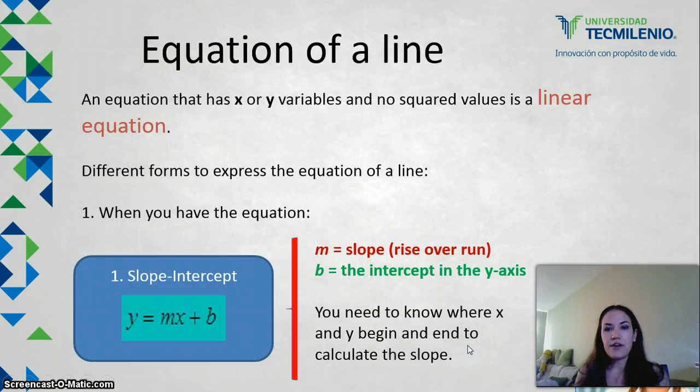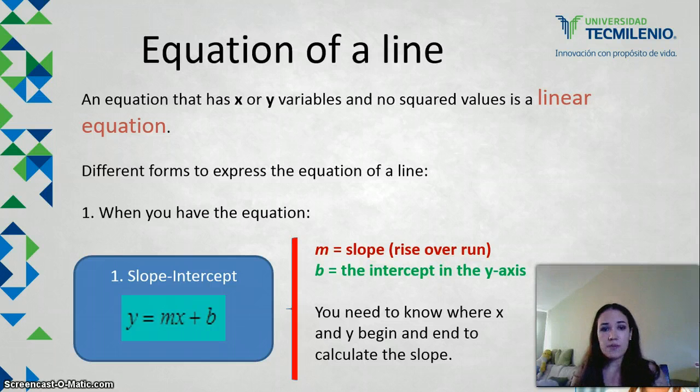Okay. So the first thing to recognize is that if you see an equation that has two variables, x and y, and it doesn't have any exponents or any weird things in it, it's going to be a linear equation. A linear equation means that it's going to describe a line. Okay.